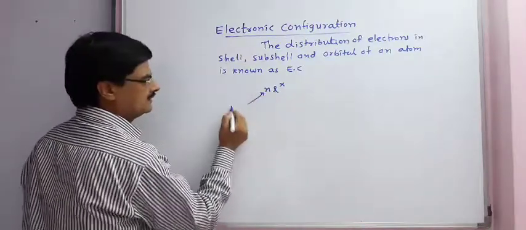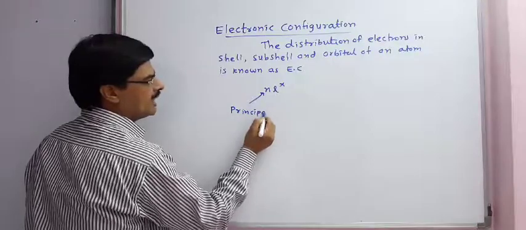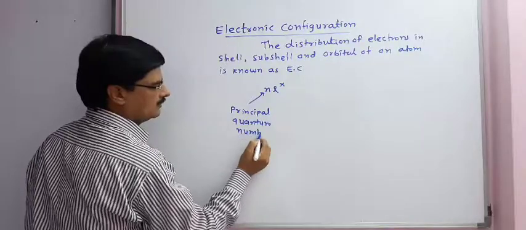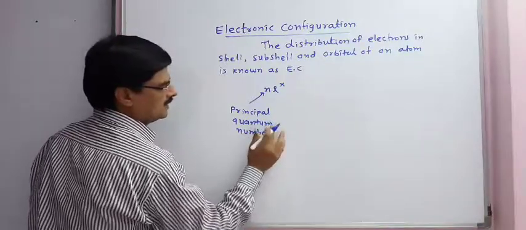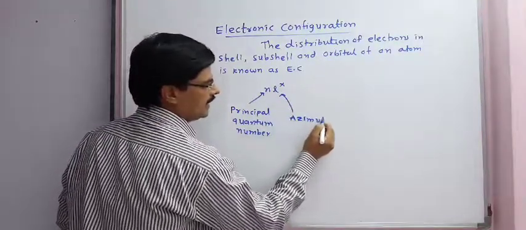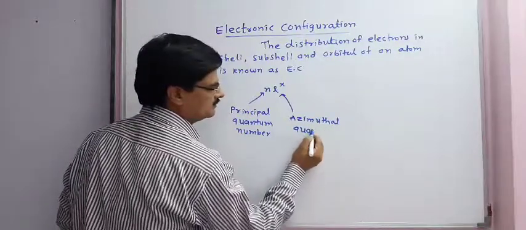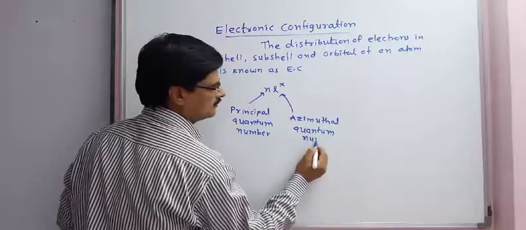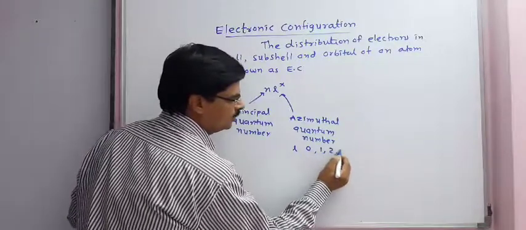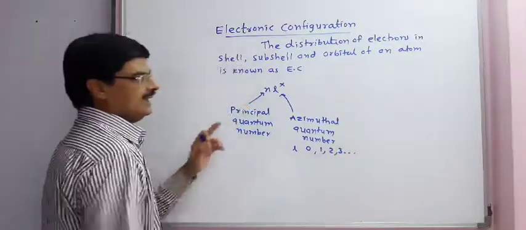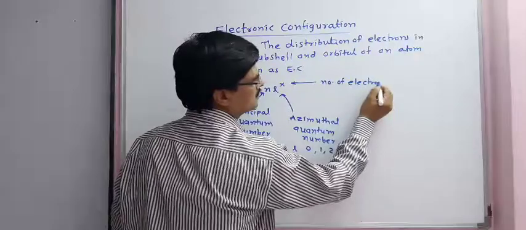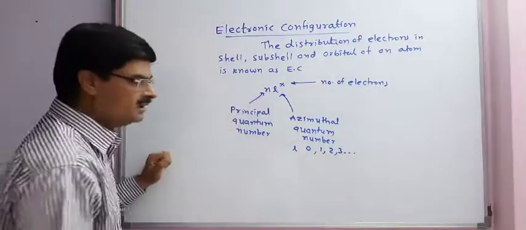Here n is the principal quantum number, l is the azimuthal quantum number, and values of l are 0, 1, 2, 3, etc. And x is the number of electrons. This is one way.